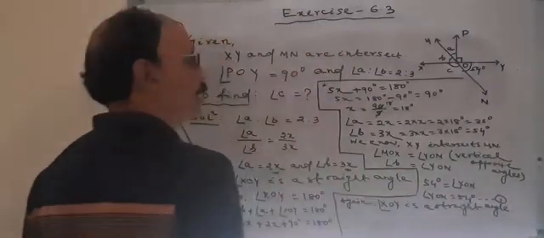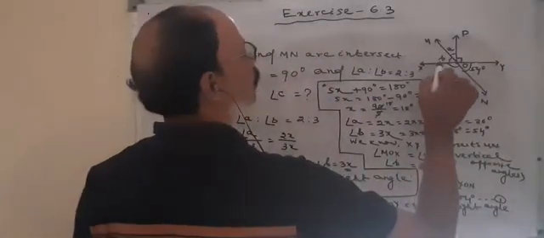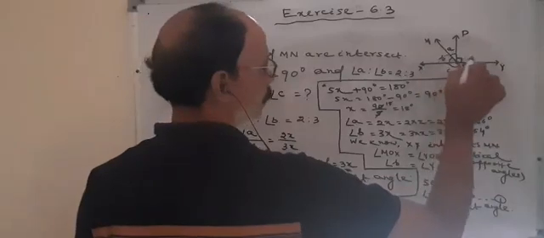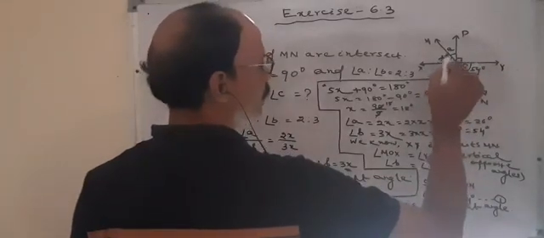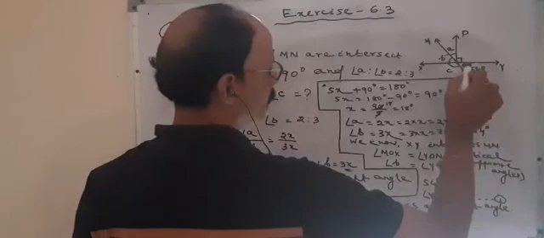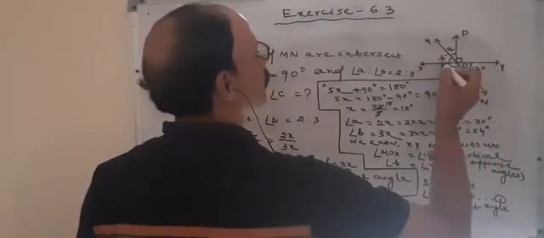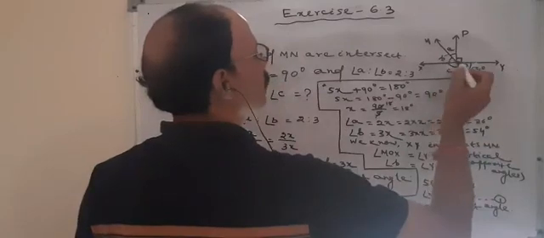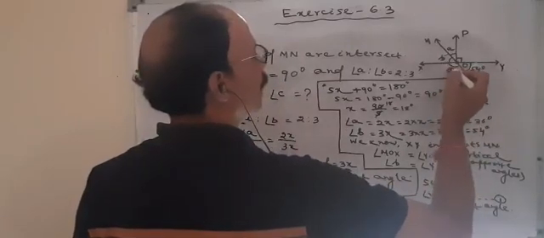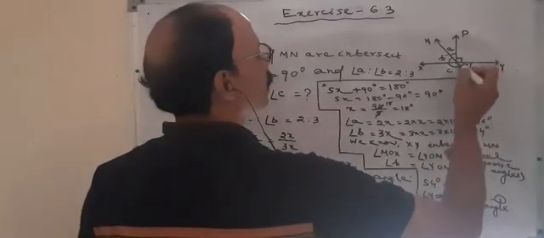So we may go to the top of this angle: it will be B plus A plus POY is 180 degree. If we go down, it will be the angle XON and YON.